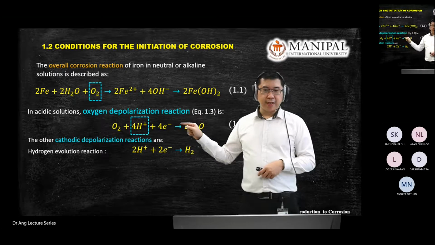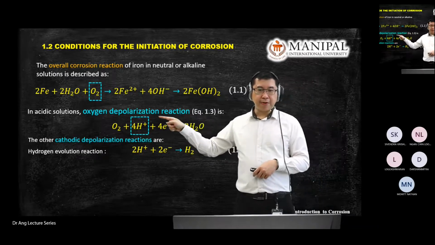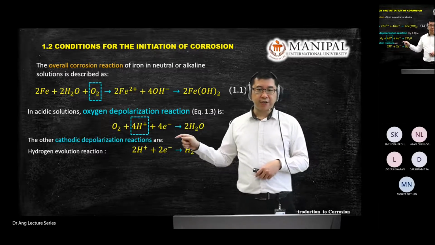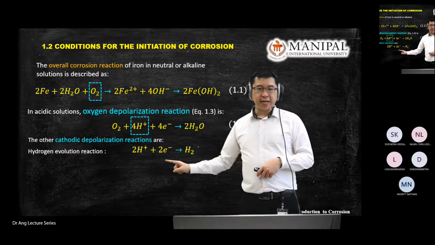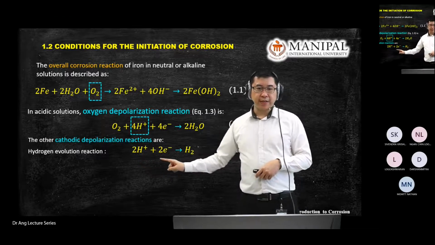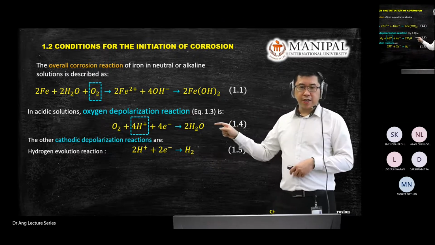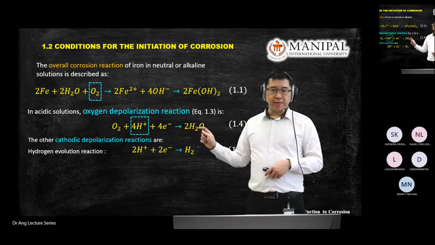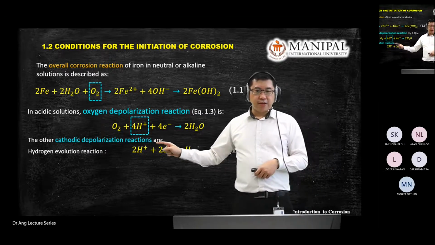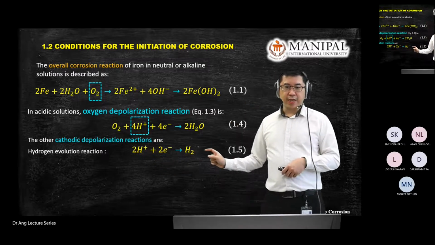So every time before the process happens to the end products, in the depolarization reaction you need a negative electron or negative charge to combine the corrosion environment element together with the charge, and you get the products. So here, oxygen, through depolarization, you get water. From equation 5, you take the hydrogen charge, you get hydrogen.